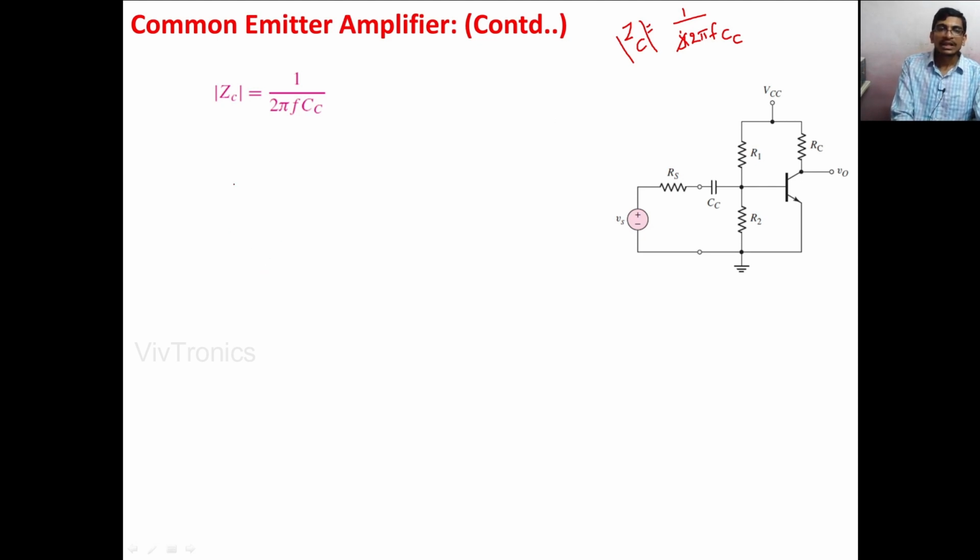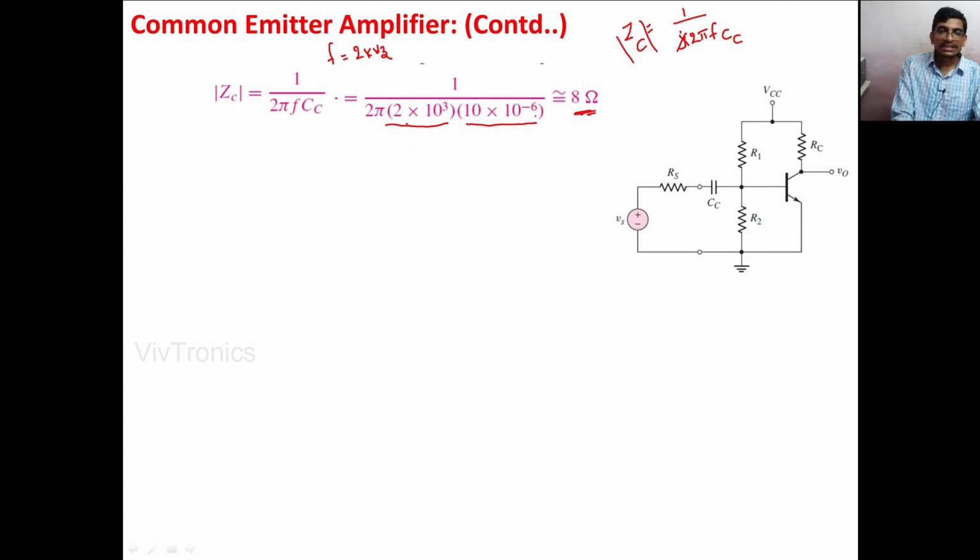I am assuming my operating frequency is greater than or equal to 2 kilohertz and the value of the coupling capacitor is 10 microfarads, then the reactance of this coupling capacitor is equal to 8 ohms. Here I have applied an operating frequency of 2 kilohertz and a coupling capacitor value of 10 microfarads.